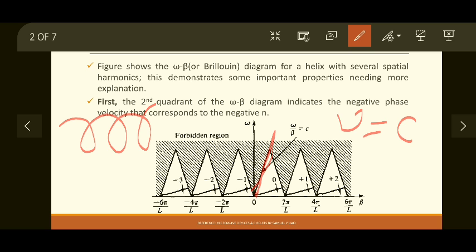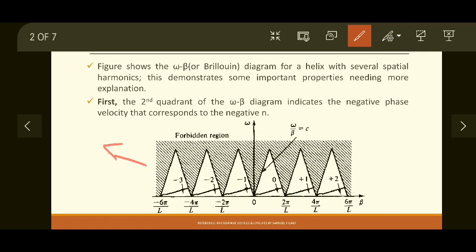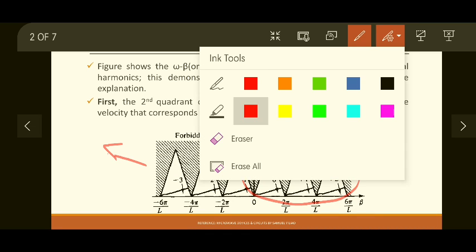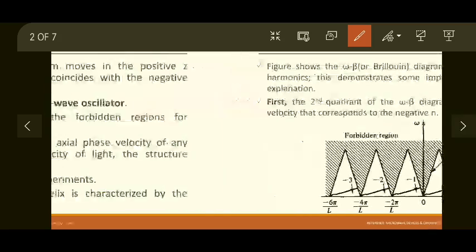So when it is slowed down, the phase velocity becomes this one, given by omega upon beta. This is for the first harmonic. A similar case happens for the second harmonic, third harmonic, and so on. So this is the first observation, that negative phase velocity is for negative space harmonics. All these other phase velocities are positive phase velocities.